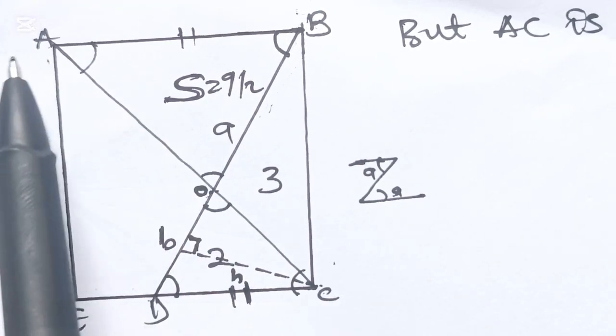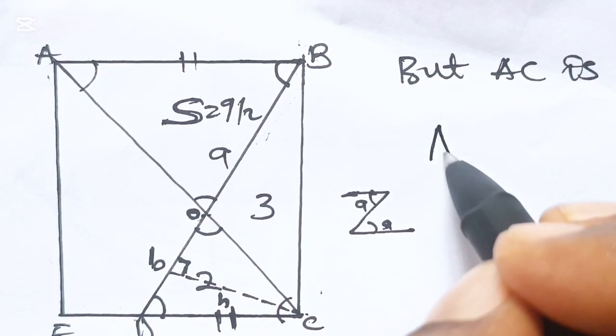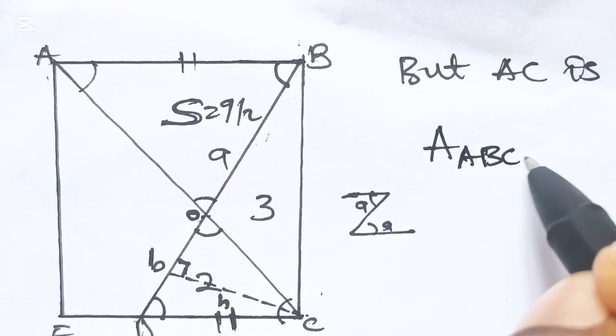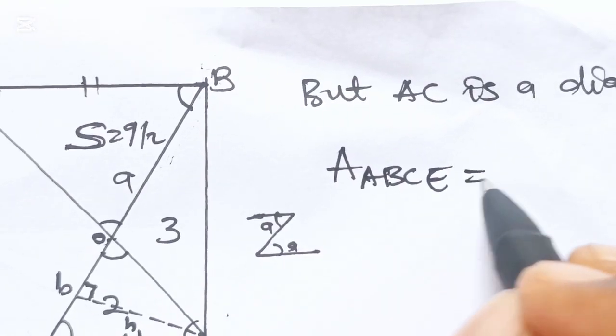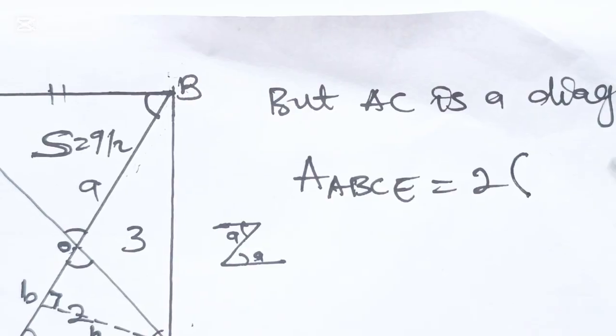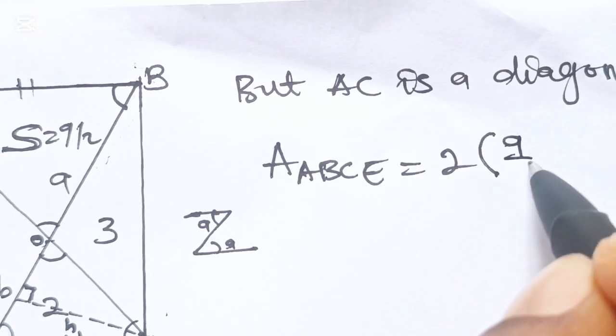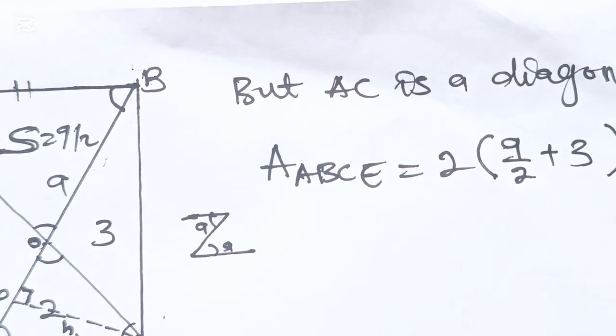So the area of this whole rectangle ABCE will be equal to 2 multiplied by the area of this and this, that is 9 over 2 plus 3.